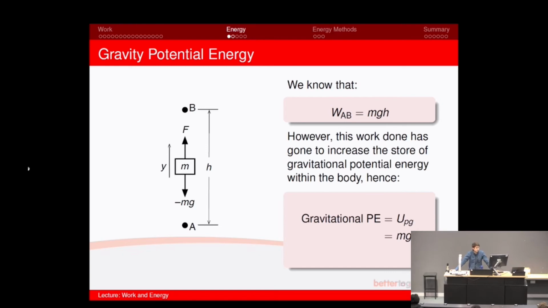So if you put something higher or lower, its gravitational potential energy will change as a result. Also, if it moves from point A to B and its height changes, that can either increase or decrease its gravitational potential energy.